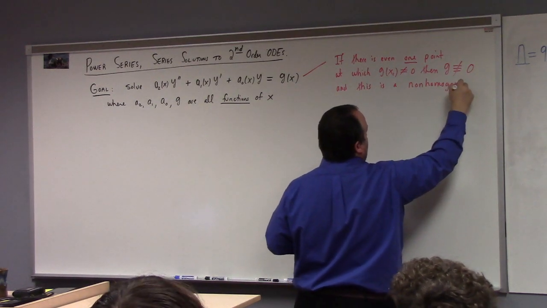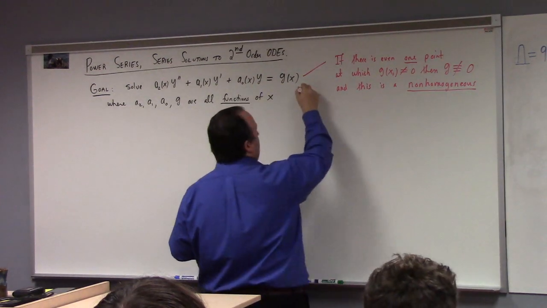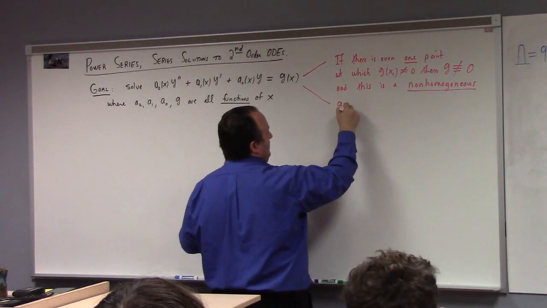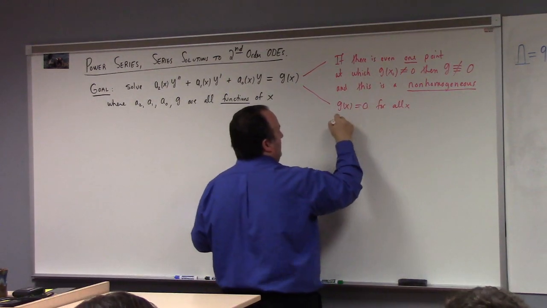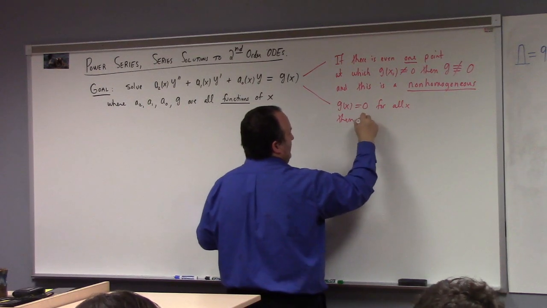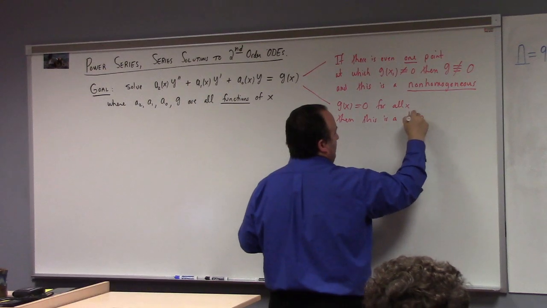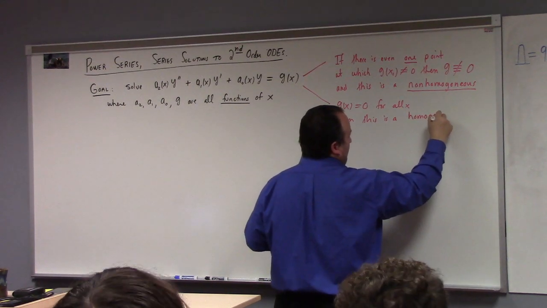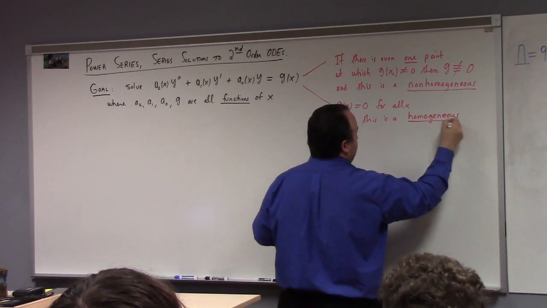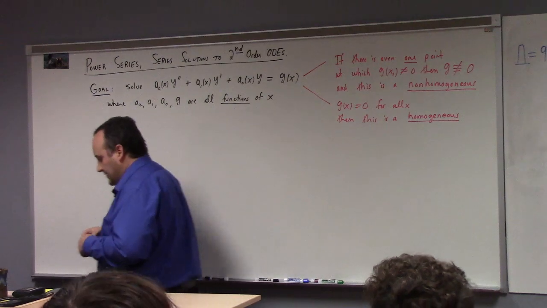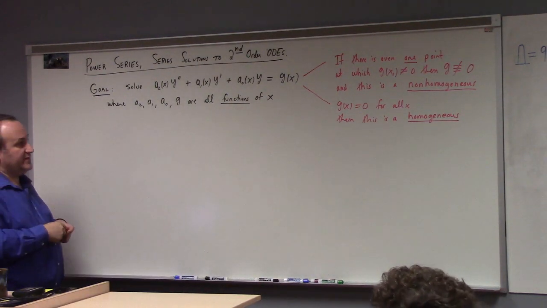That is what this word means, non-homogeneous. On the other hand, if g of x is equal to 0 for all x, then this is a homogeneous problem. That's the terminology. This is important because we expect different kinds of solutions, whether we're in the homogeneous or non-homogeneous case.